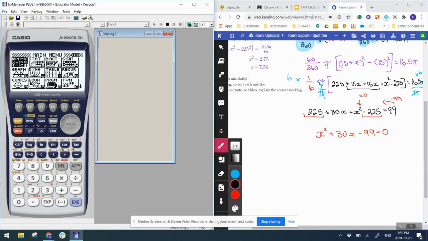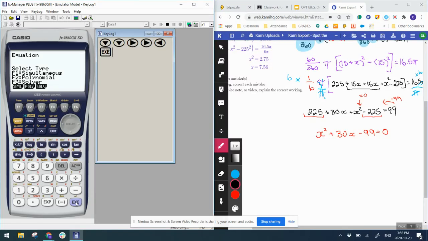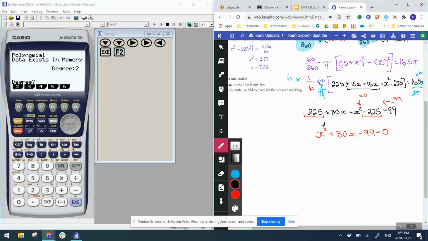So we're going to go to equation, which is in A. Too far. We're going into equation. We want to go into polynomial solver F2. Remember, the degree is the exponent. So in our case, it's degree 2.